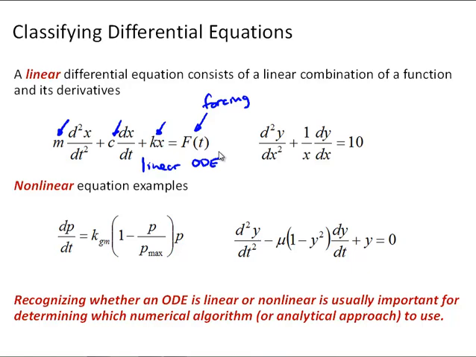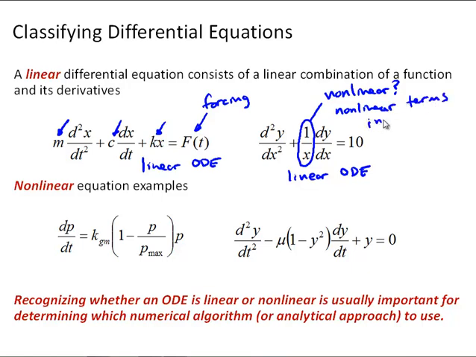Here's another one. We have a second derivative of y with respect to x plus 1 over x times the first derivative dy dx is equal to 10. This is still a linear ODE because the 1 over x, that looks like it might be nonlinear, but it's not, because when we're looking for a nonlinear, we're looking for nonlinear terms involving the function itself, y.